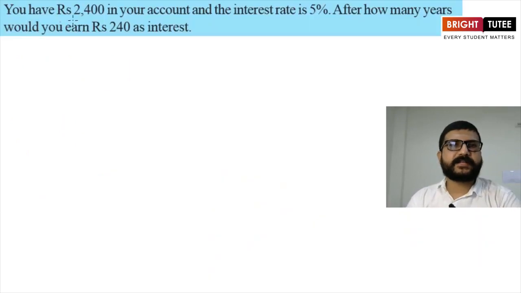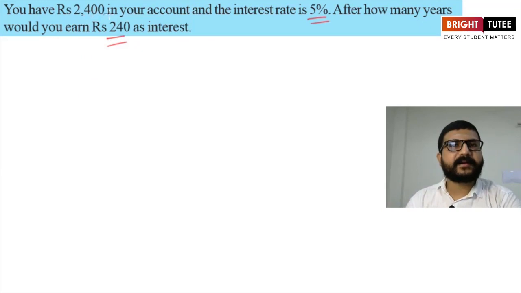Now the next question is, you have rupees 2400 in your account and the interest rate is 5%. After how many years would you earn rupees 240 as interest? So this time we have to find time.